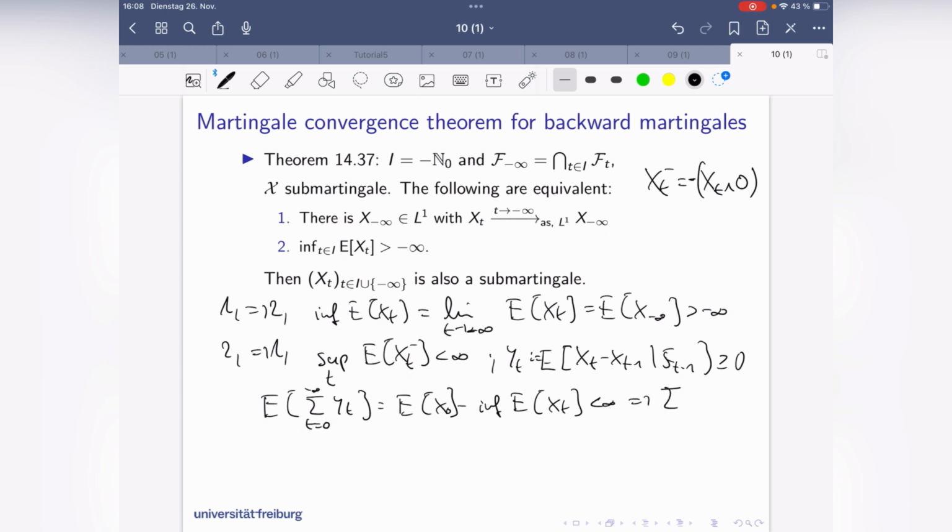So the sum over the yt's is a finite number. So this here is a non-negative random variable with a finite expectation, so it's almost surely finite. And I can also say that the process At, where At is the sum over the ys, s from 1 to t, is uniformly integrable because it is bounded by this non-negative integrable random variable.